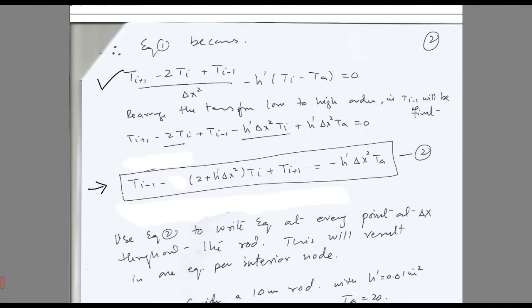Now here we have the variables Ti minus 1 and Ti plus 1. Note that for the first node, the value on the left side of the rod is given. This is unknown. This is the first interior node, this is the second interior node, and the value on the right side is known, given.